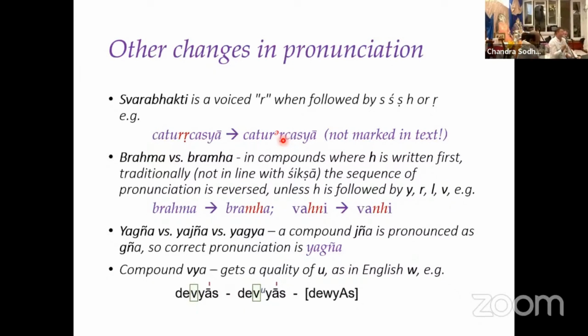Then we have the usual changes, Brahma versus Brahma. So in chanting, we are actually just doing this Brahma, Banhi instead of Vahni, etc. And then, to demystify, is it Yajna, Yajna, or Yagya? We put here that the correct pronunciation is Yajna, but this is all the influence of Neo-Indo-Aryan languages on the Sanskrit language.